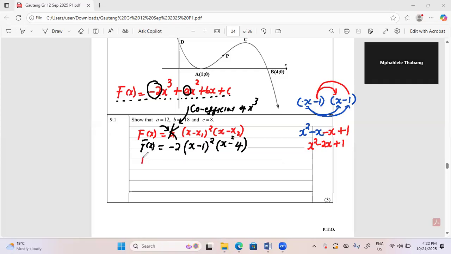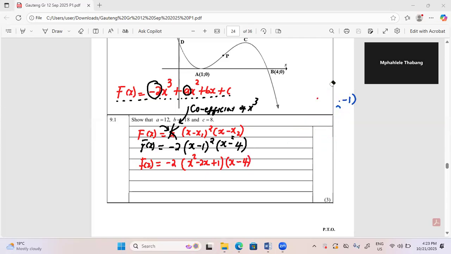So you're going to say f of x equals negative 2. We have expanded x minus 1 squared. It's x squared minus 2x plus 1 to be multiplied with x minus 4. Now I have to expand x squared minus 2x plus 1 being multiplied with x minus 4.